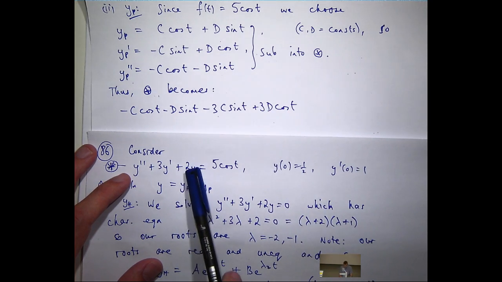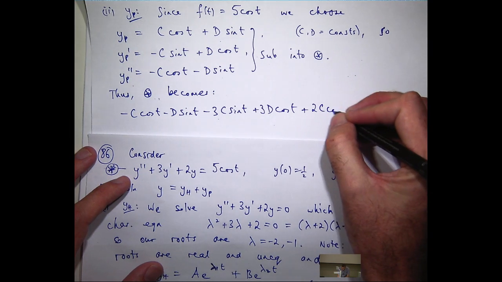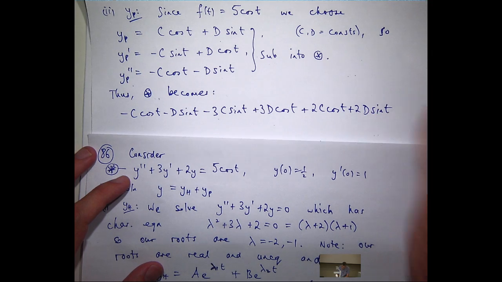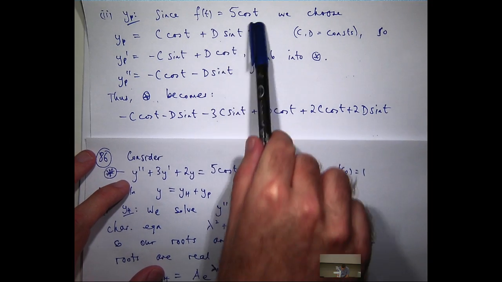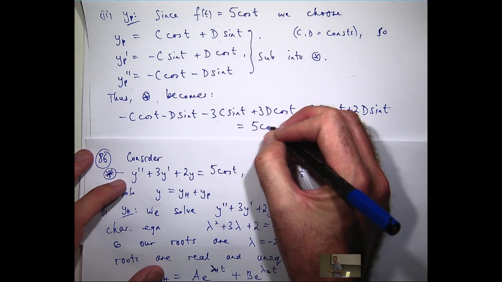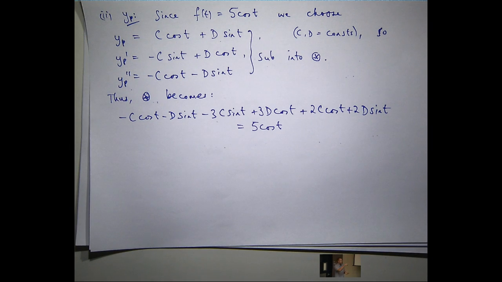And I want 2 times y. I'm going to multiply everything there by 2. And, of course, we've got this right-hand side over here to worry about. So this all has to add up to 5 cosine t. Okay, so now what?